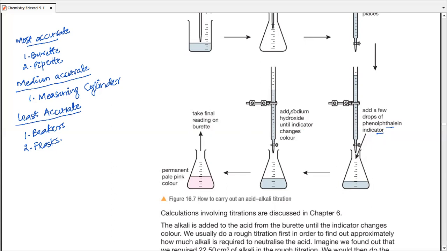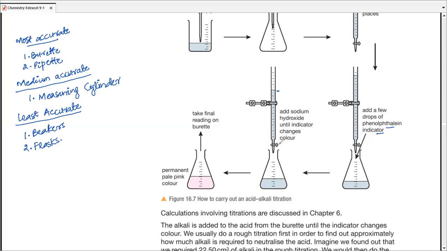So add sodium hydroxide drop by drop by opening up this tap at the bottom and do the experiment until the indicator changes color. As soon as it does, notice the reading. Now, when a single person is doing this experiment, we ask the person to use all of their possible senses and resources.